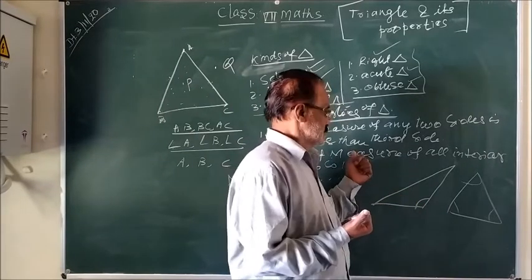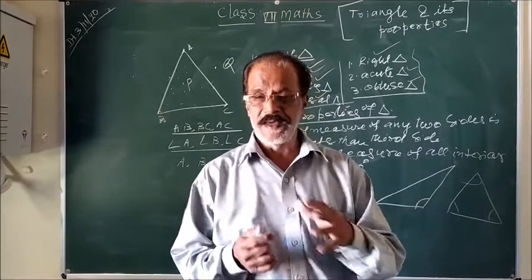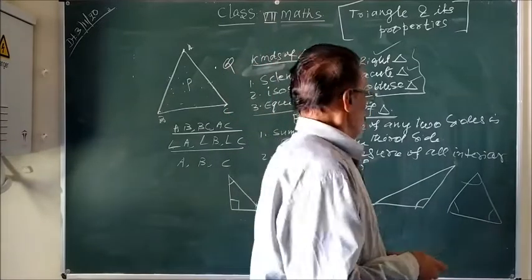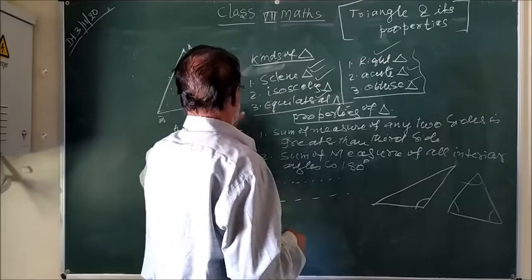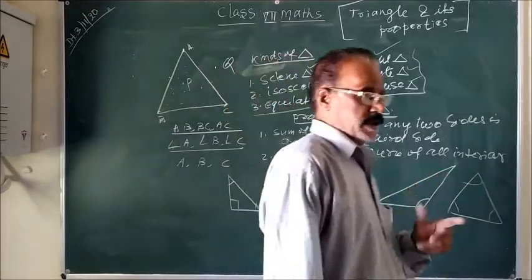Because of this property, the sum of all the interior angles is 180 degrees. So these are the important points of a triangle.